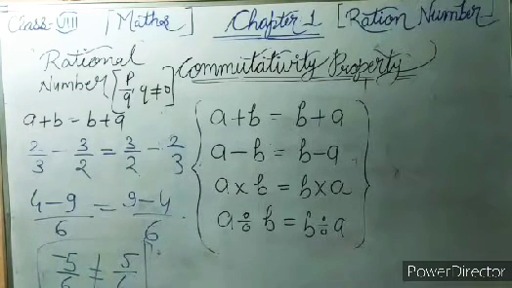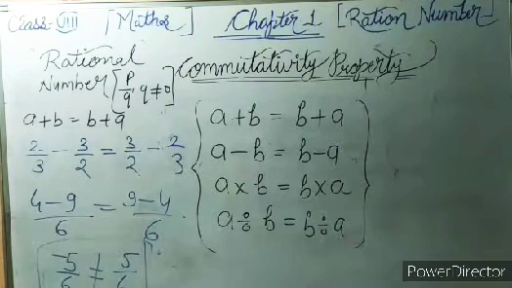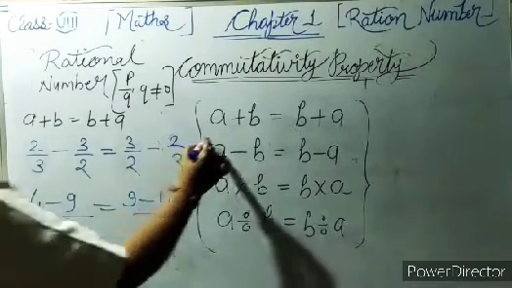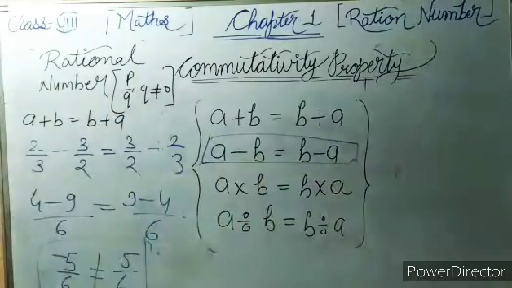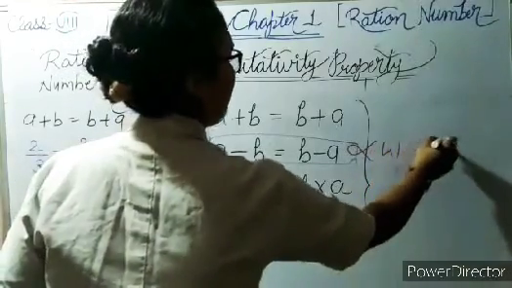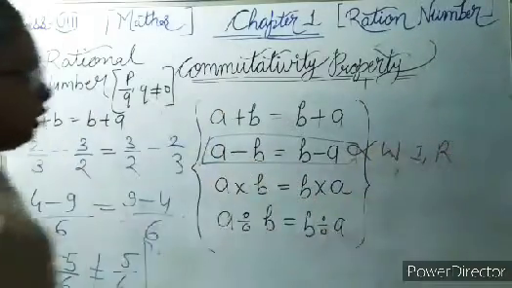That is why we say subtraction is not commutative for rational numbers. You see, the commutative property is not followed for subtraction, for whole numbers also, integers also, and rational numbers also.